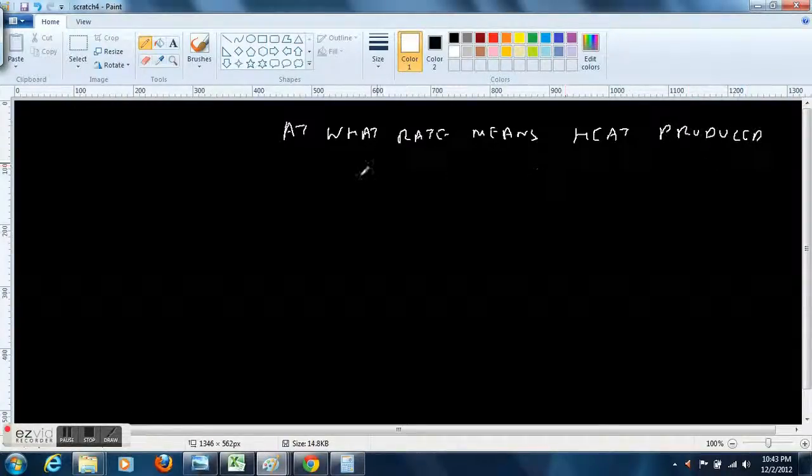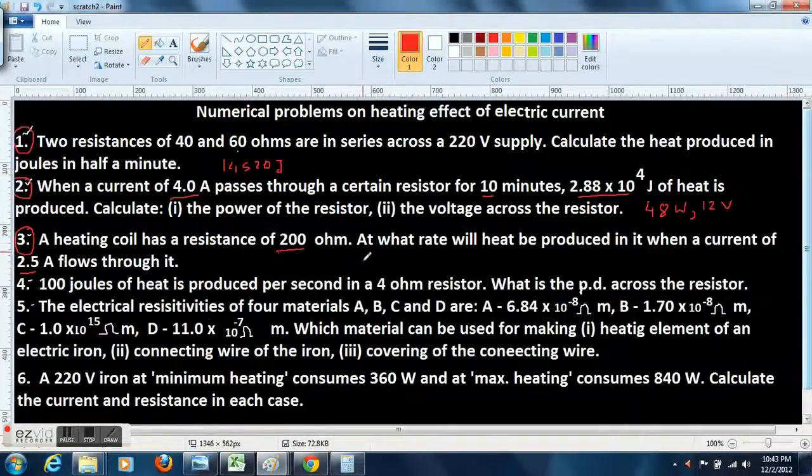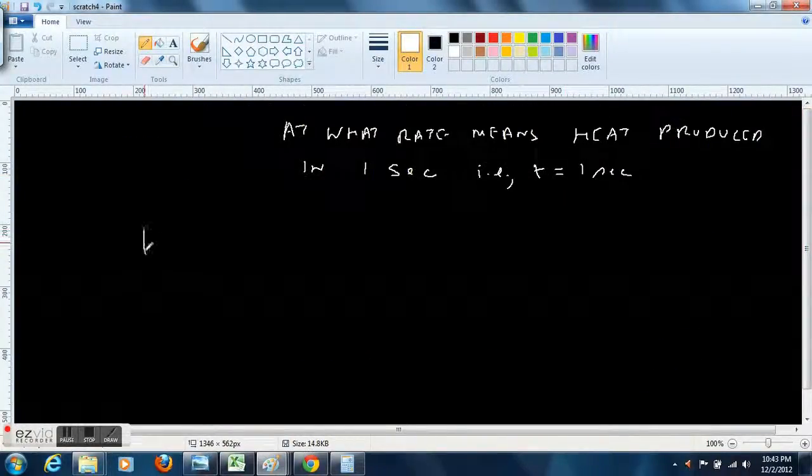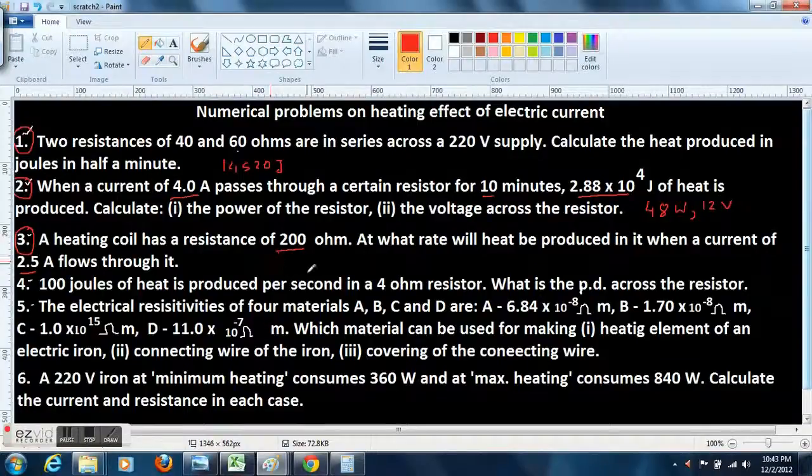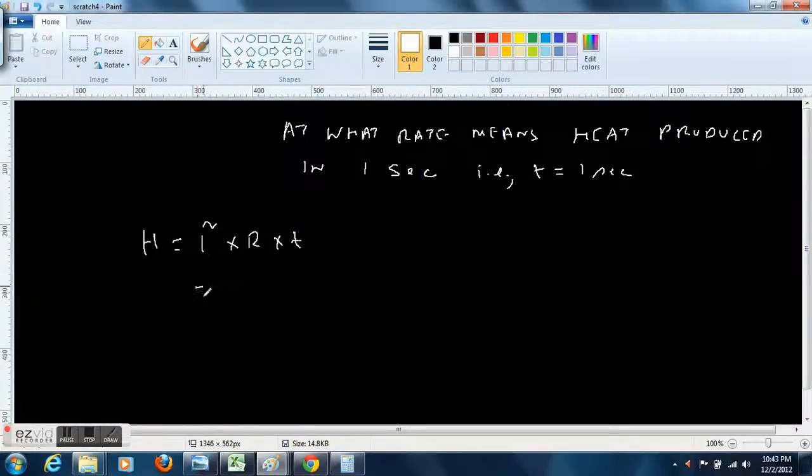So this is the meaning of at what rate. So at what rate means heat produced in 1 second, which means T equal to 1. So whenever we use the formula, for T we will use the value of 1. Now the formula for heat production will be H equal to I squared into R into T. Okay. Here T will be 1.